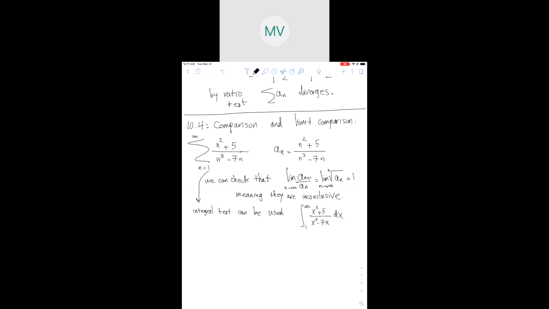So find the value of this integral, then the behavior of that series is going to be the same. If this diverges, the summation diverges as well. And the same thing for convergence.